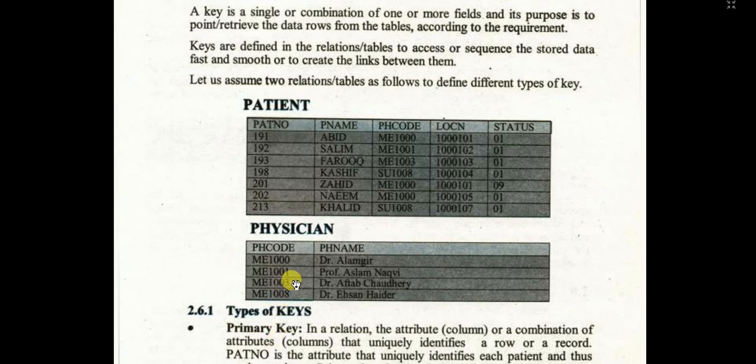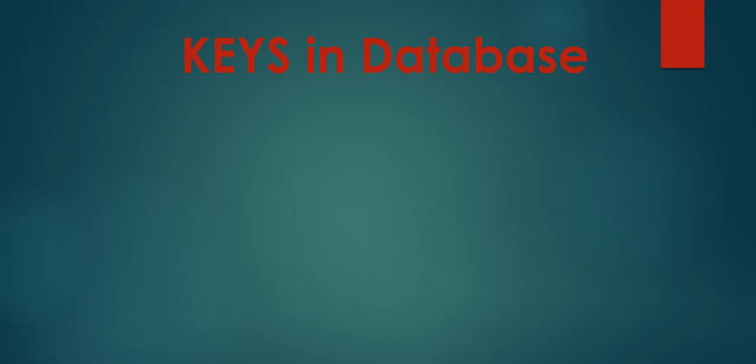Now let us discuss the different types of keys. What are the types of keys in databases? There are various types of keys in databases. In your book, some types are mentioned, so we are just going to discuss those.